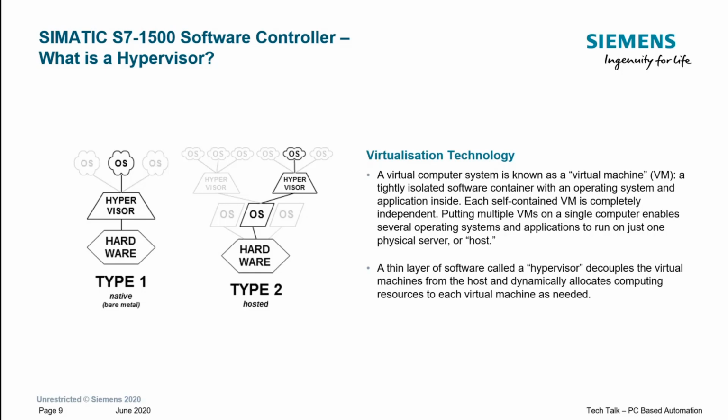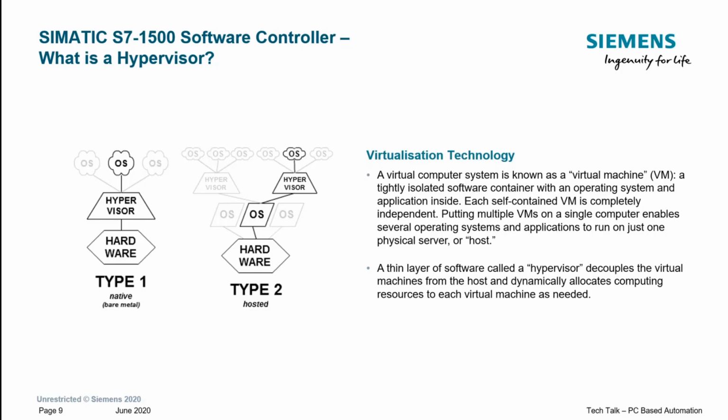So the one that we're all familiar with will be the Type 2 hypervisor. So you get your laptop out, you turn it on, it boots into Windows, you then fire up VMware, and then you boot into your XP VM, whatever it may be. So that's obviously great for us, but in terms of a soft controller, it's not great because you've got that additional layer of that initial boot to Windows added.